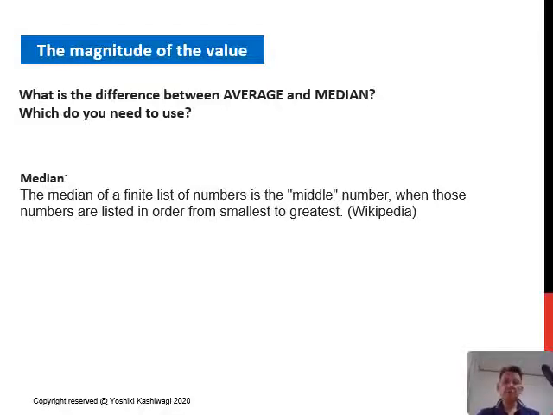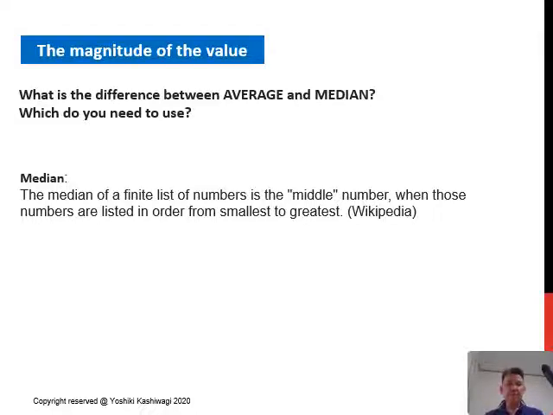Okay, let's talk about 2 basic ways to show the magnitude of the value or the value itself. Here we talk about the average and the median. I'm sure you already knew about the average. Average is average. And the other one is median.